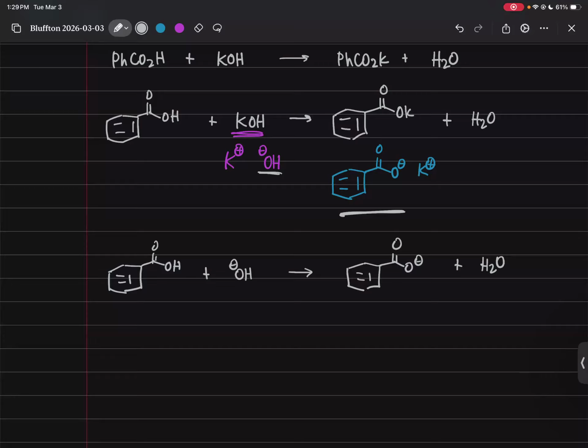And now we can more easily see what's an ion, what's not an ion, what's an acid, what's the base. And then we can make whatever equilibrium predictions we want to make. It's going to look like that.